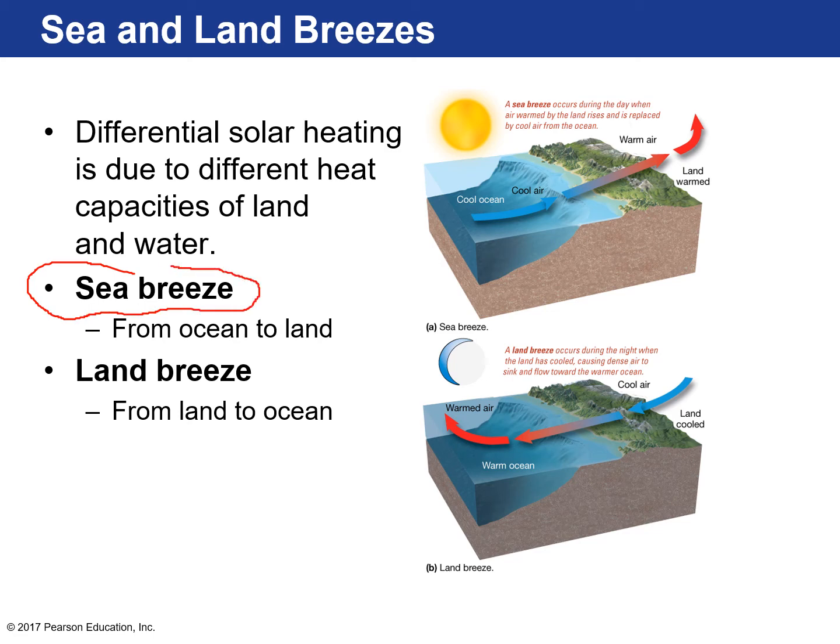The air masses sitting above the ocean don't heat up as quickly as air masses sitting over land. The air masses over land get hot on a hot sunny day, and because the heat capacity is lower, the land transfers heat into the air masses above, heats up those air masses, and they rise. And then cooler ocean air comes in to replace it.